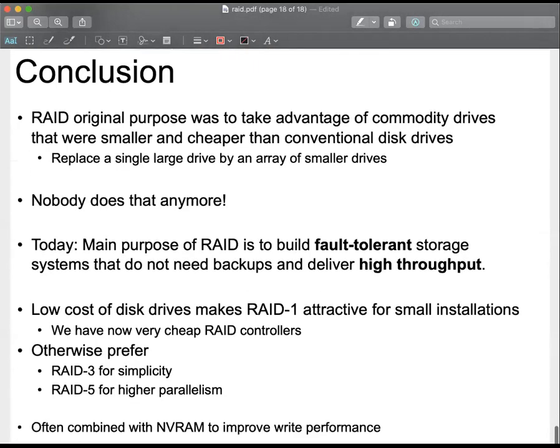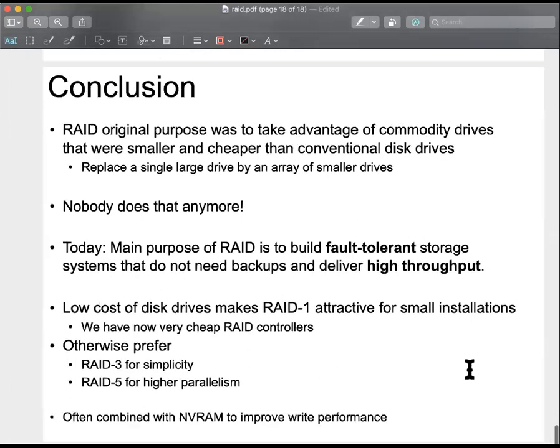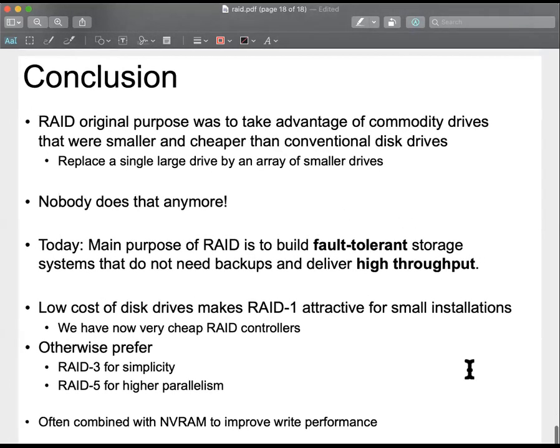Okay, so in conclusion for this chapter, originally people thought of RAID because they wanted to put together lots of small disks to make a higher capacity disk. So this was one of the earliest forms of storage virtualization. But nowadays, capacity is not an issue.